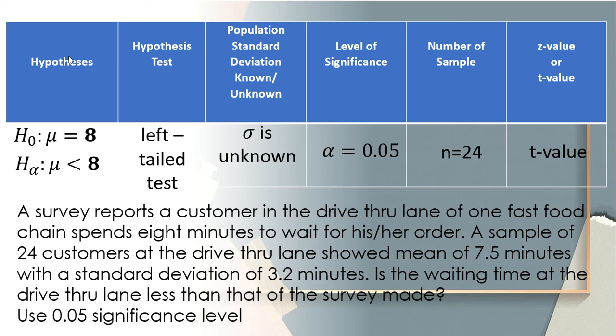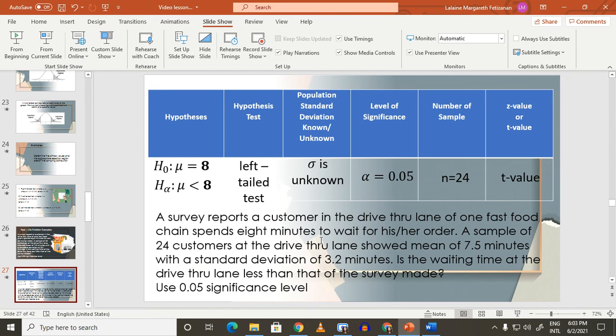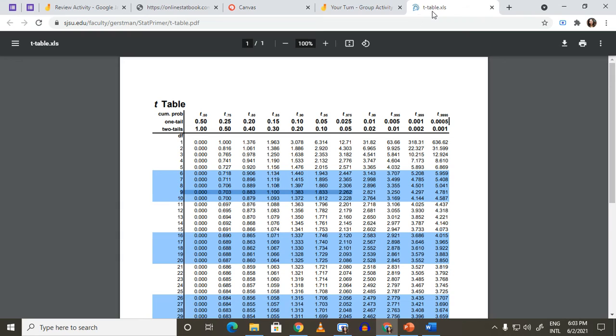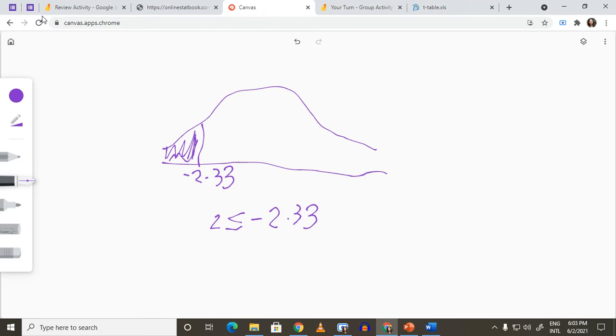Okay, so kapag tinignan natin yan, degrees of freedom niya ay 23. Okay, so 23, tingnan natin sa ating t-table. The 23 is here, one tail siya, di ba? 0.05, so 1.714. So kapag dinrawing ulit natin yan, dahil left tail siya, negative.